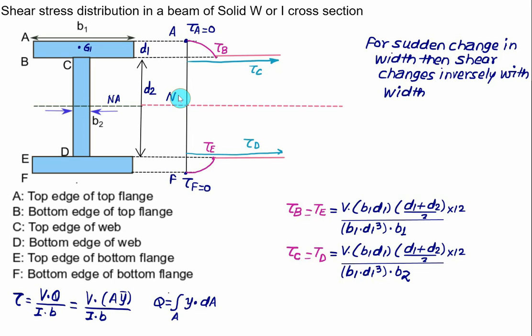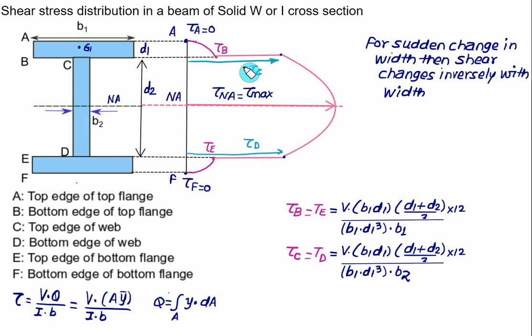So in this case for neutral axis we have tau NA equal to tau max. And again we have rectangular section, so you have to join this point with a parabola. So this one is the distribution in the case of symmetrical I section or W section. So maximum value always occurs at neutral axis.